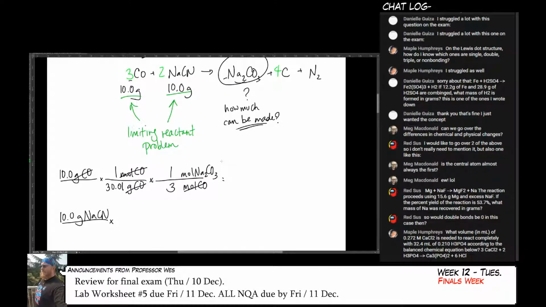So 10 divided by 30.01 times 3. So with 10 grams of carbon monoxide, I can make 0.111 moles of sodium carbonate. Now we'll go down here and do the same thing with sodium cyanide. Sorry.